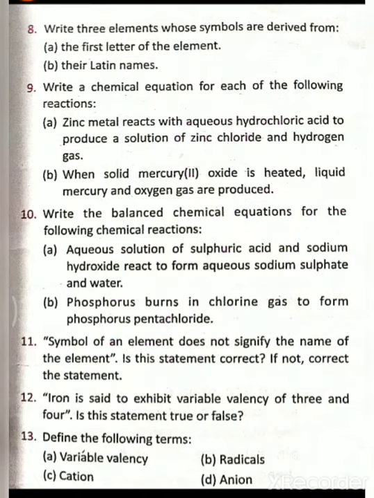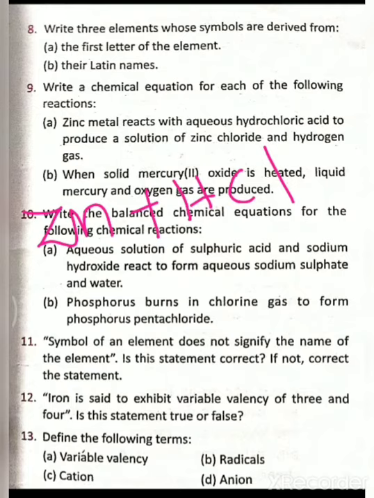Okay, next, write a chemical equation for each of the following reactions. Zinc metal reacts with aqueous hydrochloric acid to produce a solution of zinc chloride and hydrogen gas. So we will write zinc plus aqueous hydrochloric acid, that is HCl.